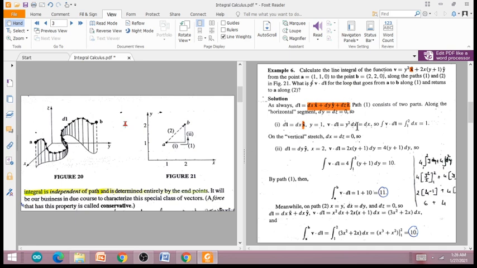Now y is equal to 1, as we already mentioned, so if I put 1 in place of y, ultimately it is equivalent to only dx.